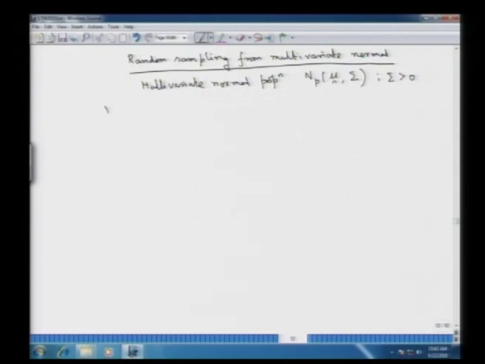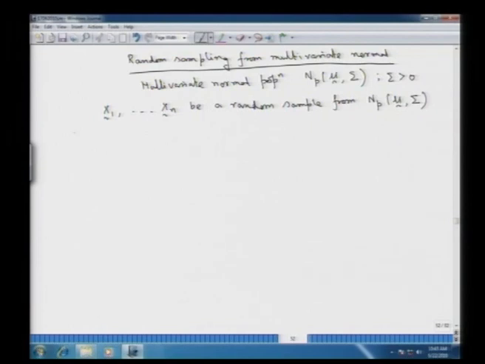We take a random sample x1, x2, ..., xn from this multivariate normal population, and using this random sample of size n, we will build the inference procedure about the mean vector mu and the covariance matrix sigma.